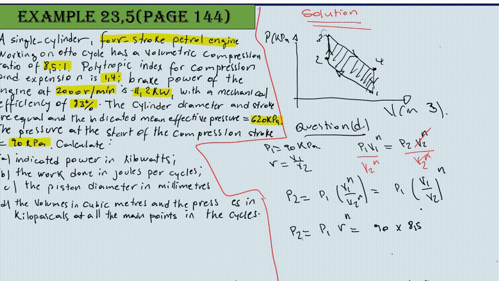N is 1.4. Okay, let me just double check. Yeah, N is 1.4 for both the compression process and the expansion process.